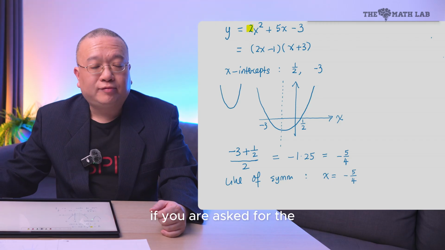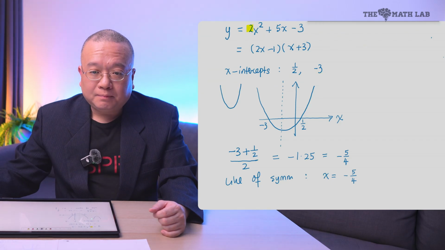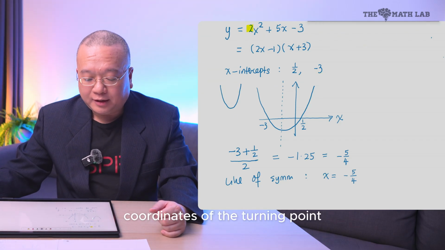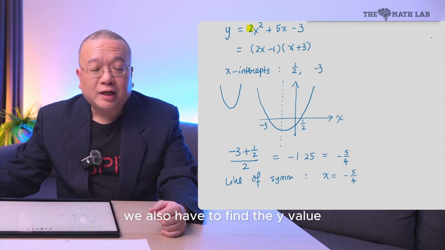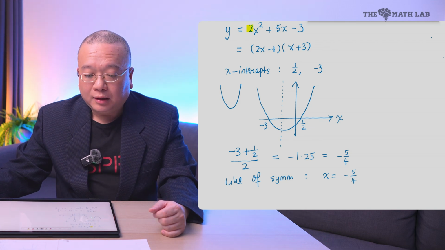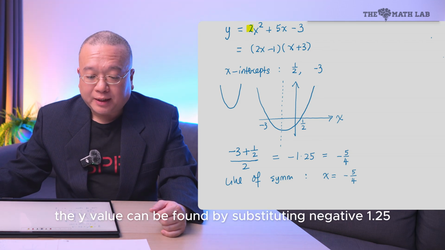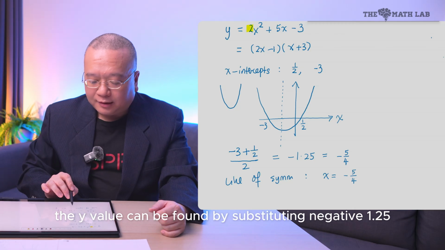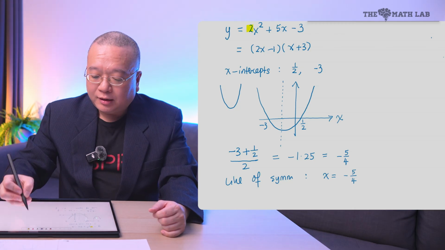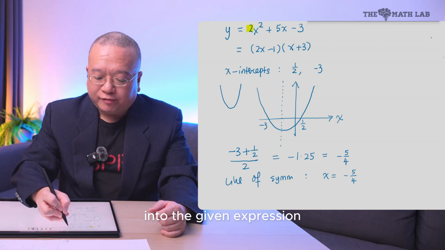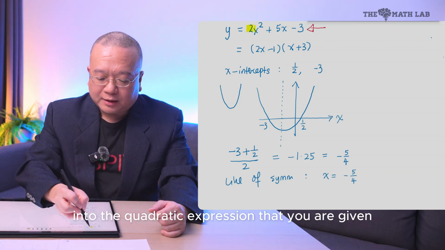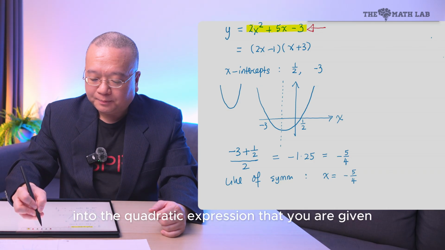If you are asked for the coordinates of the turning point, we also have to find the y value. The y value can be found by substituting negative 1.25 into the given quadratic expression.